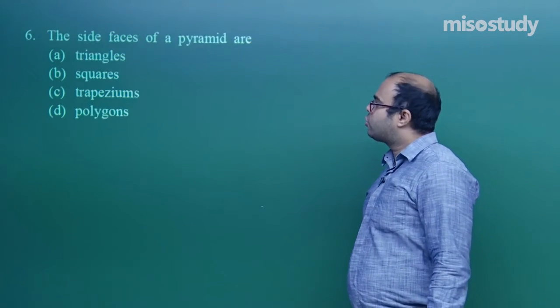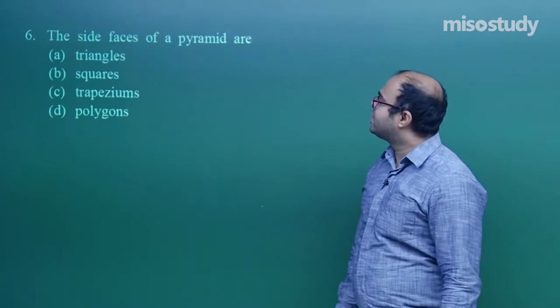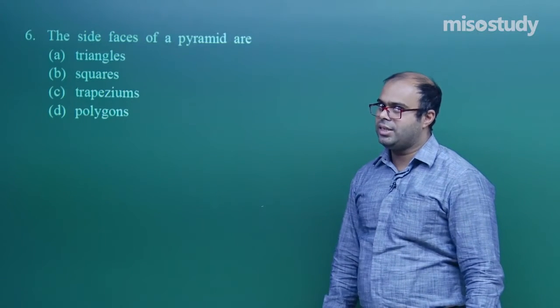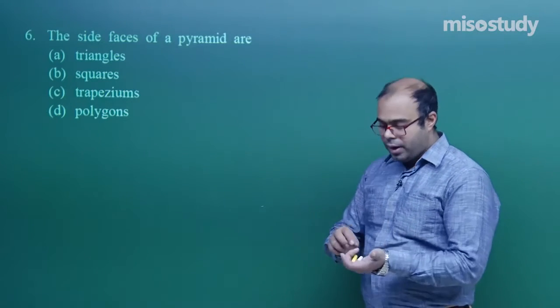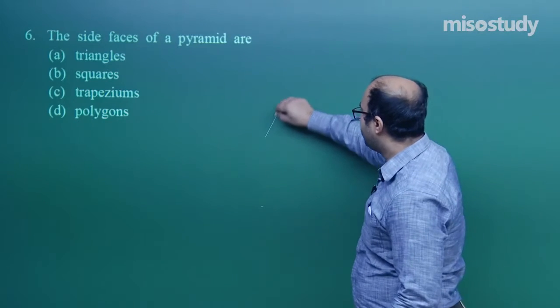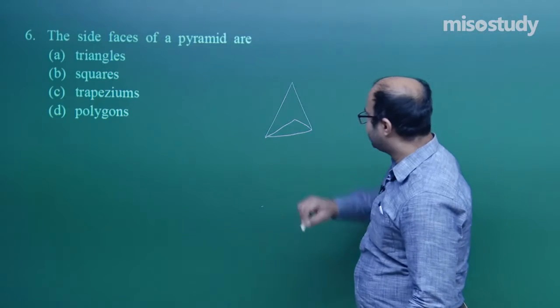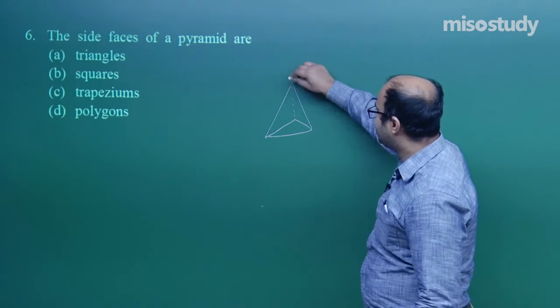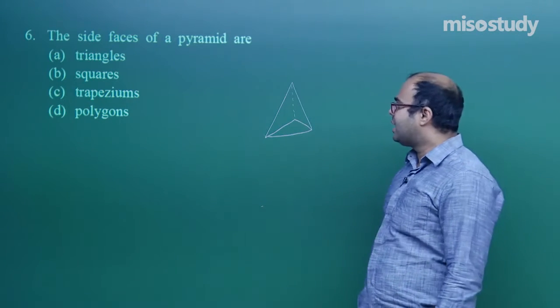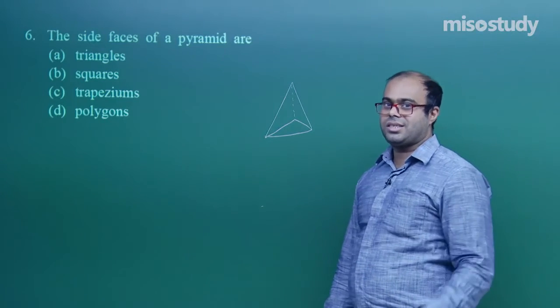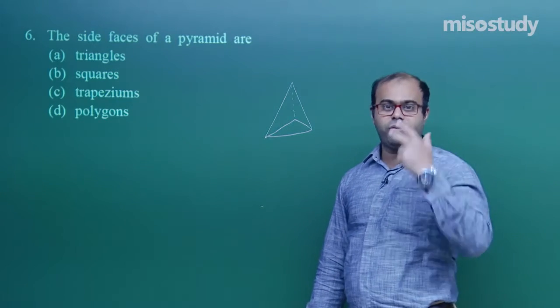Next, 6th question. The side faces of a pyramid are, this is quite easy. You have seen a pyramid, it is a shape which can be drawn like this, and let us join this. This is a sort of pyramid. This has 4 faces. You have studied also the pyramids of Egypt.